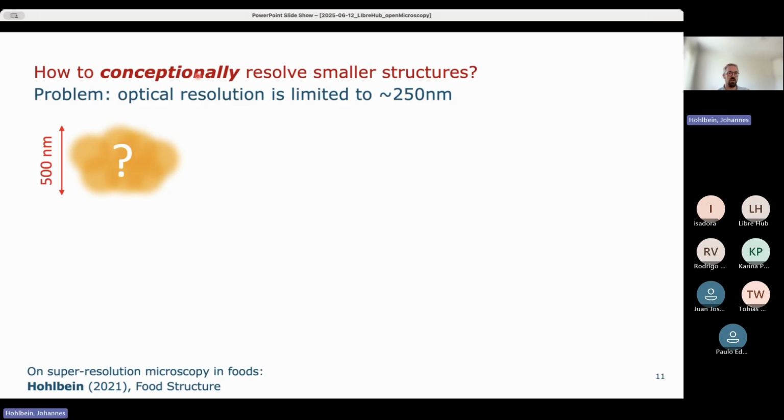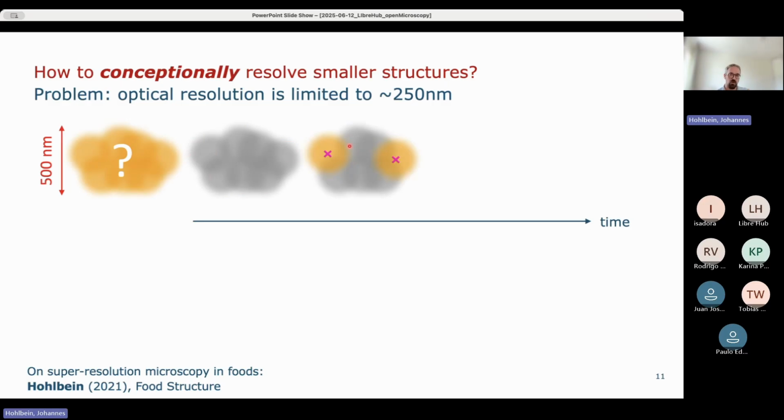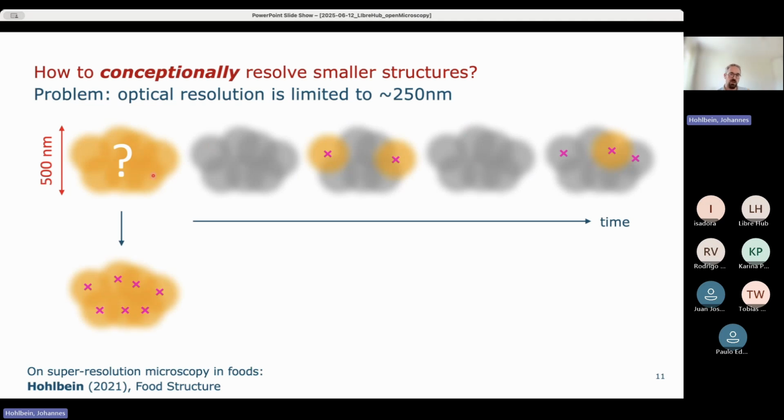So the conceptual idea for super resolution microscopy was then to make our fluorophores blink. If we have them in an off state and we find conditions where only individual emitters are fluorescent at any given time, we can localize them and can start, over time, reconstructing our underlying structure or the movement of a single molecule. Meaning we can get from that cloud to localized single emitters as a function of time.